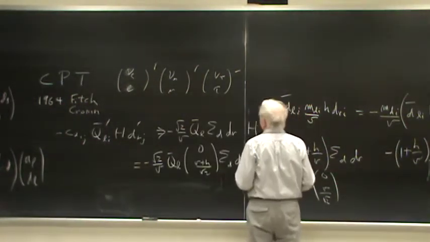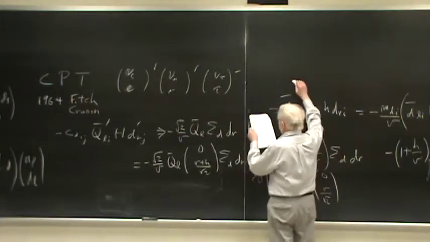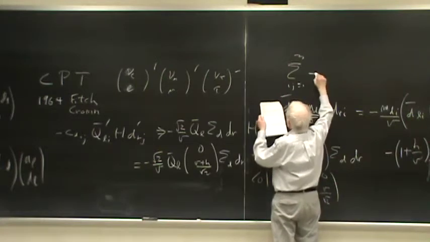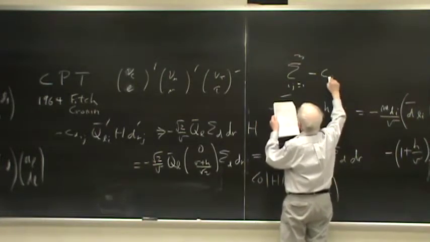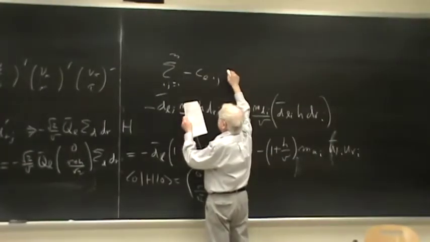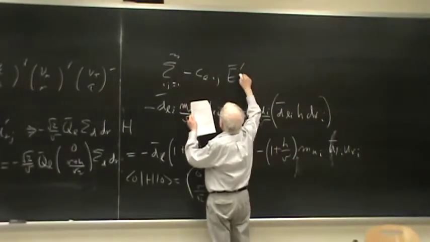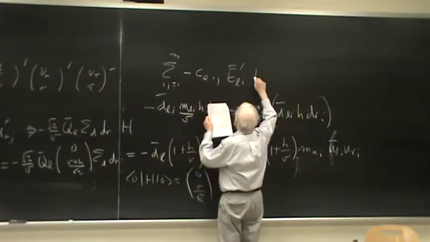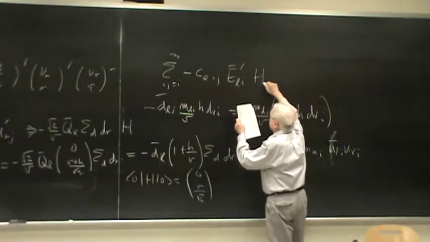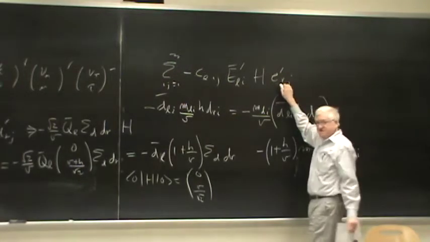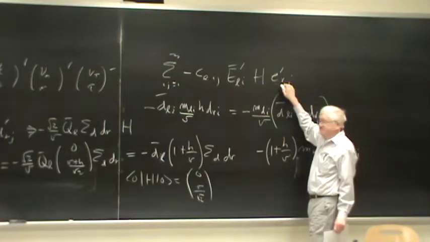In any event, for the charged leptons, what we have is something like this. Sum ij equals 1 to 3, minus c sub e ij, e bar prime, prime meaning flavor, left i, Higgs doublet, e prime right j. So these guys are singlets under SU(2) left.